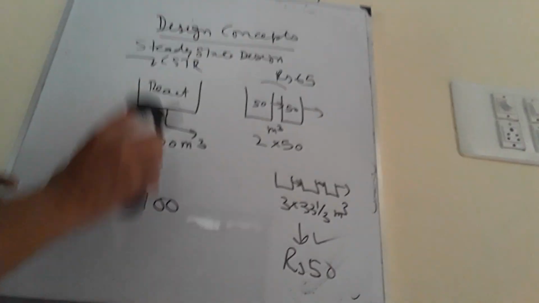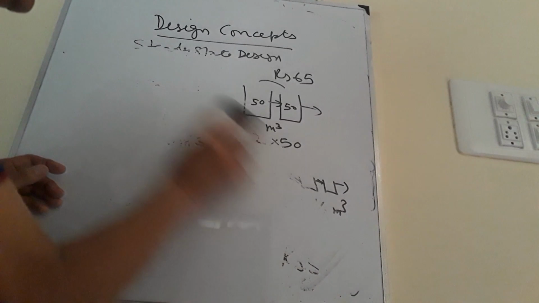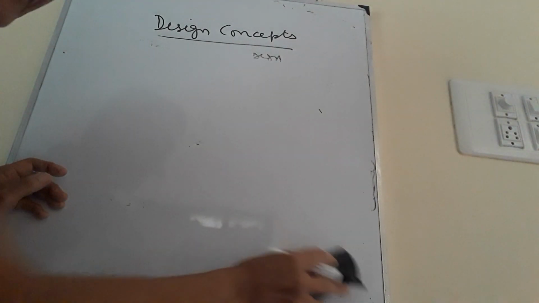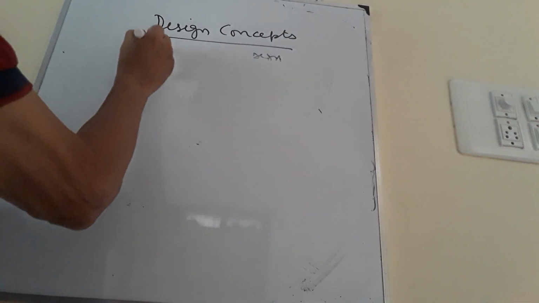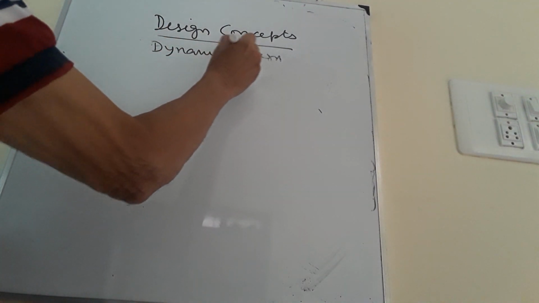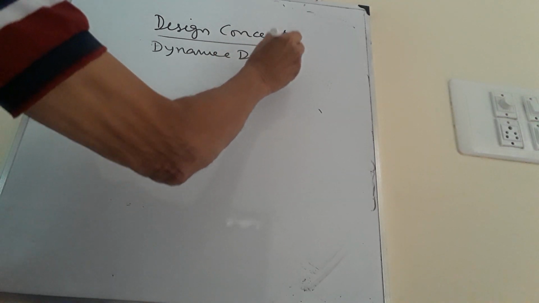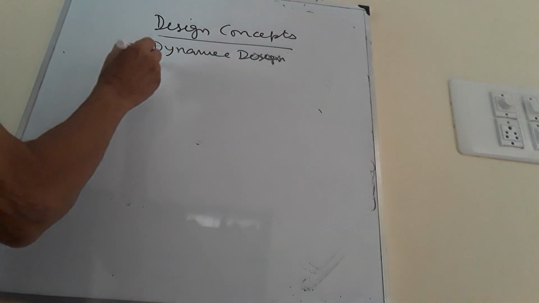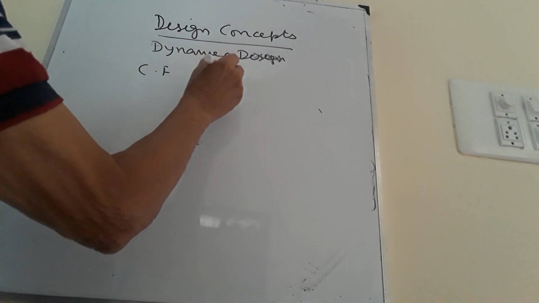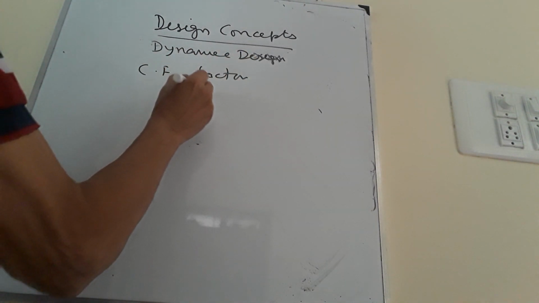Now, let's come to what's called dynamic design. In industry, we have got what's called a capacity factor, CF.